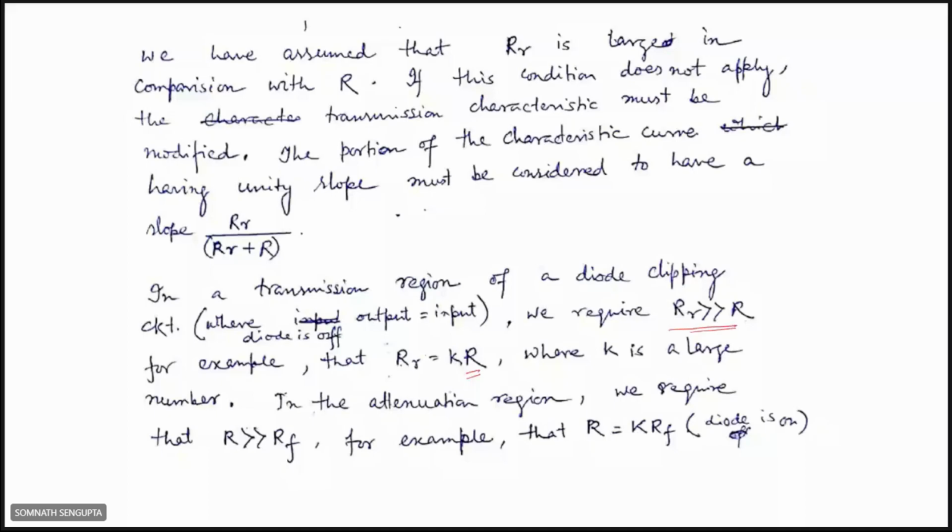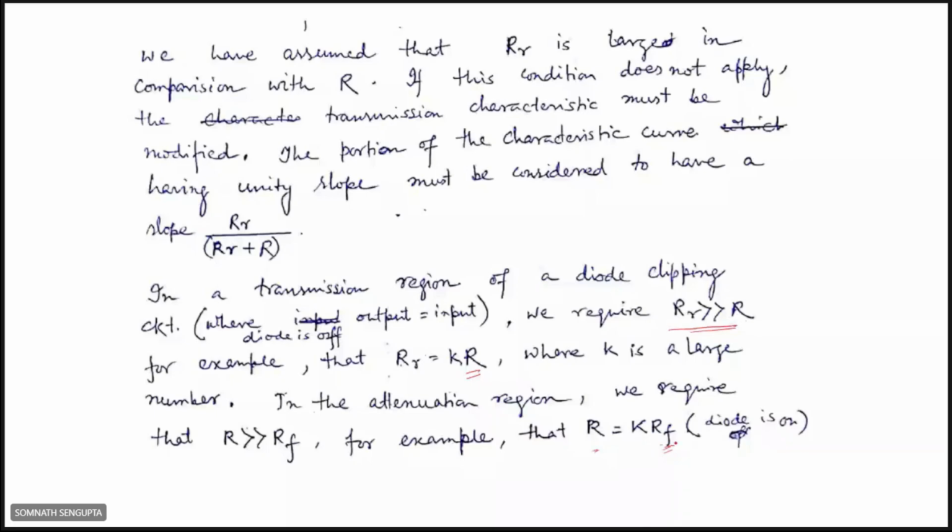Similarly, since the forward bias resistance is small, the resistance that we choose, R, is K times RF. It is very small and this one is very large.